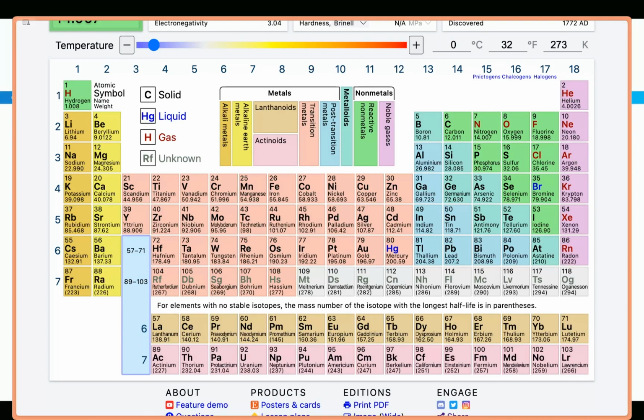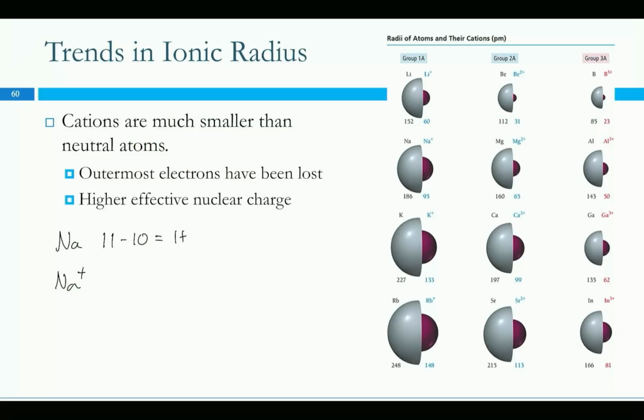It'd be whatever the atomic number is minus, for main group elements at least, the previous noble gas core electrons; you have to subtract out the d electrons for those below the d orbitals. So sodium is going to be 11 minus 10, so it's going to be 1 plus.